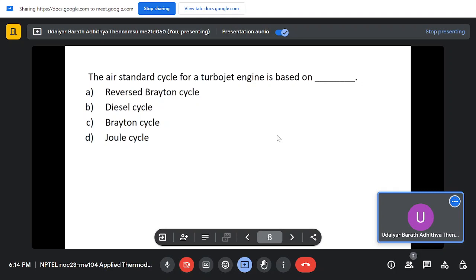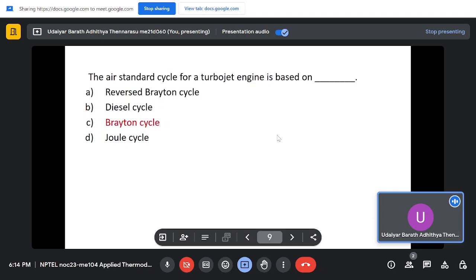So the next is, the air standard cycle for a turbojet engine is based on reverse Brayton cycle, diesel cycle, Brayton cycle, or Joule cycle. I already explained how this is similar to the gas turbine cycle. A turbojet engine works on a Brayton cycle.